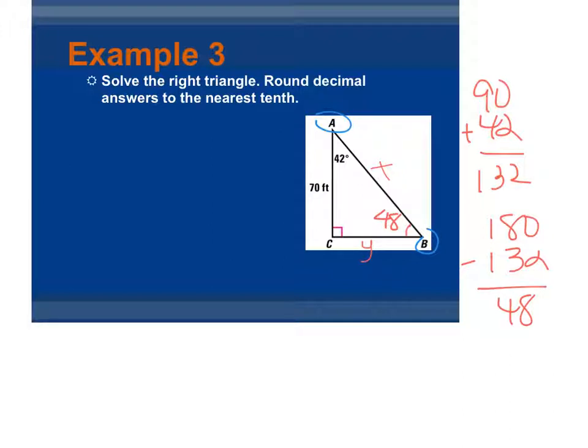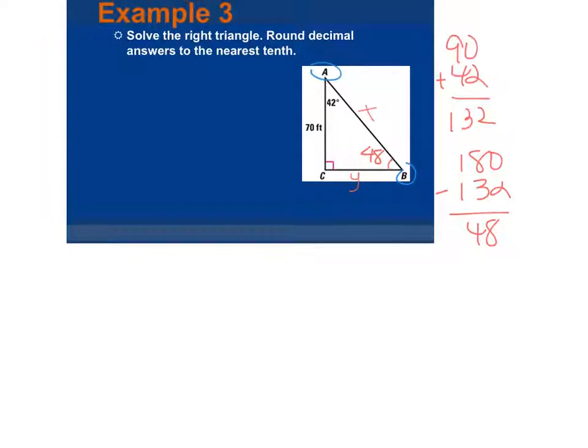But technically, yes, if your answer is accurate, Pythagorean theorem works. Make sense? All right. So I'm going to do two trig ratios using the 70 and the 42 for both x and y. Which one do you want to find first? X or y? You want to find y? Okay. So let's label these sides.